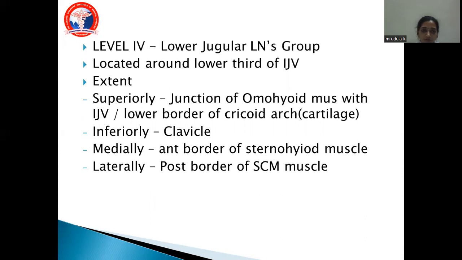Level 4 nodes are the lower jugular group of lymph nodes located around the lower one-third of the internal jugular vein. They extend superiorly from the junction of the omohyoid muscle with the IJV or lower border of the cricoid cartilage arch, and inferiorly to the clavicle. Medially, it is bounded by the anterior border of the sternohyoid, and laterally by the posterior border of the sternocleidomastoid.